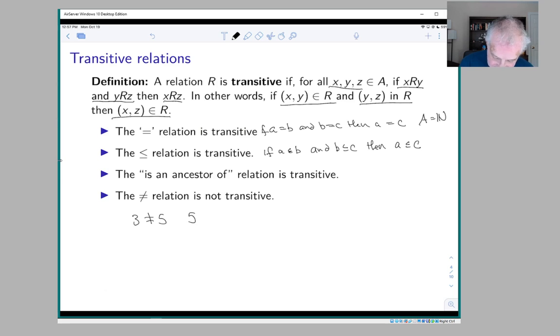And 5 is not equal to 3. But if this were transitive, this would imply that 3 is not equal to 3, which is false. So the triple 3, 5, 3 shows that not equal to is not transitive.